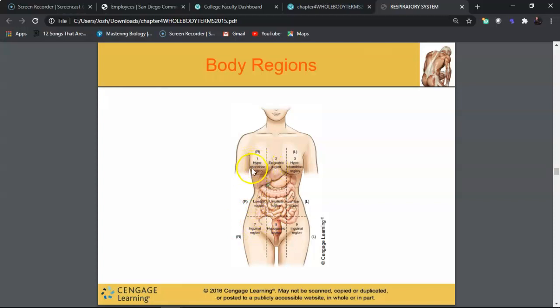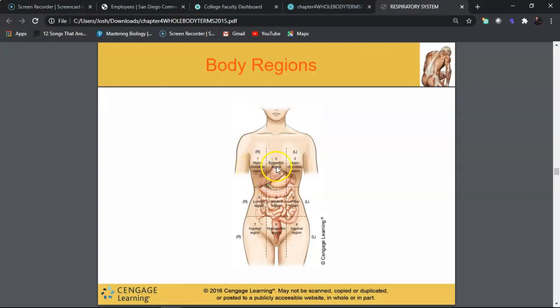So we have our hypochondriac region. This kind of involves where the liver is. Chondriac refers to the rib cage, so hypo is under, so this is pertaining to the area that's under the rib cage. Epigastric refers to the area that's kind of in and around and above the stomach region. And then we have the left-sided hypochondriac region, which is the left side here, up underneath the rib cage.